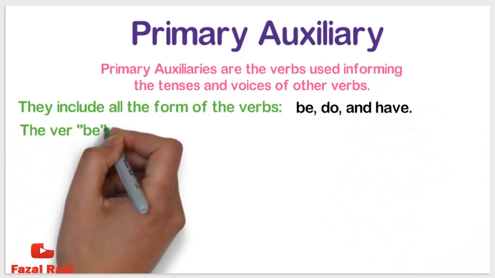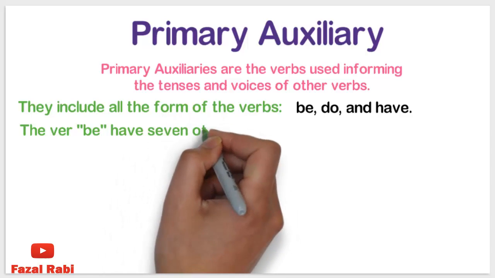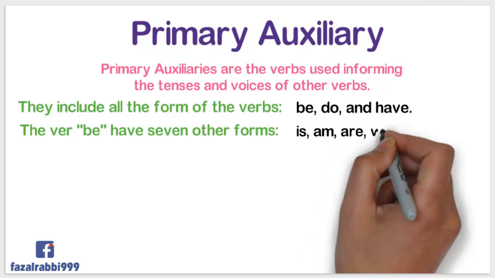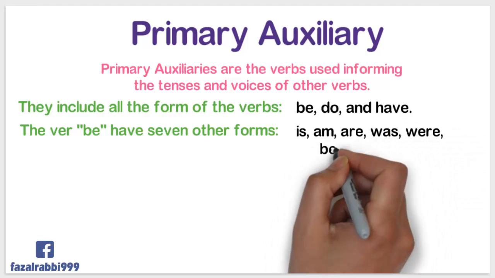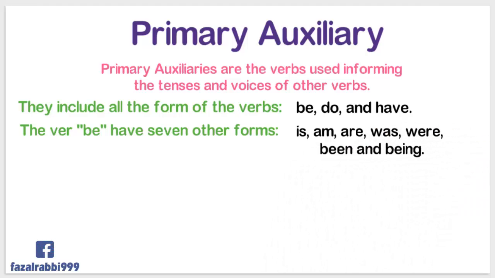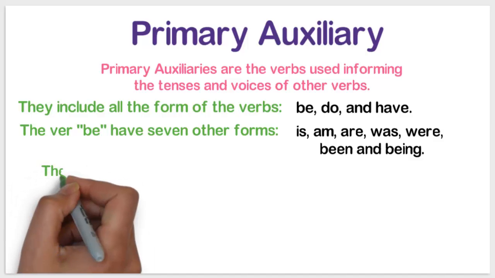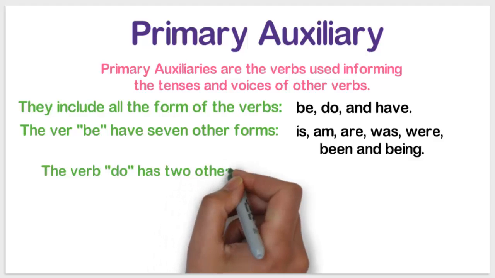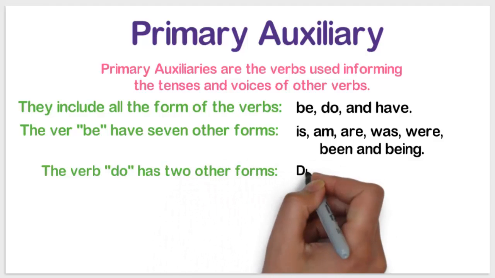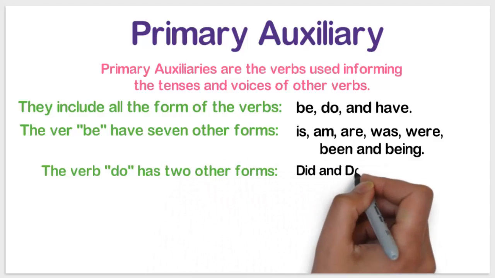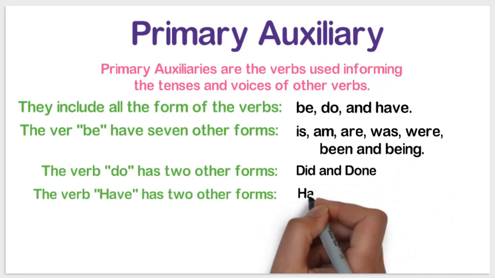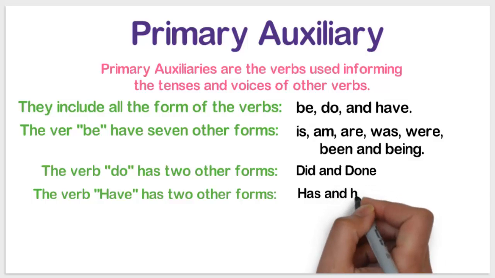We already know that the verb be has 7 other forms: is, am, are, was, were, been, and being. The verb do has 2 other forms: did and done. And the verb have has 2 other forms: has and had.